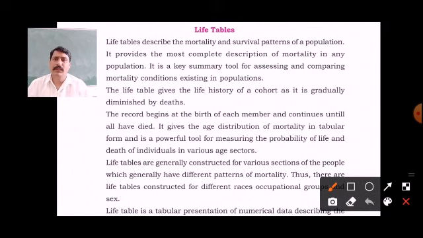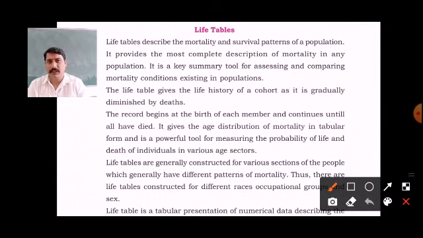Not one or two babies take birth in a day; thousands, lakhs will take birth on the same day in different places. So all together we put them in one single table and go on studying how long they survived or lived on earth.